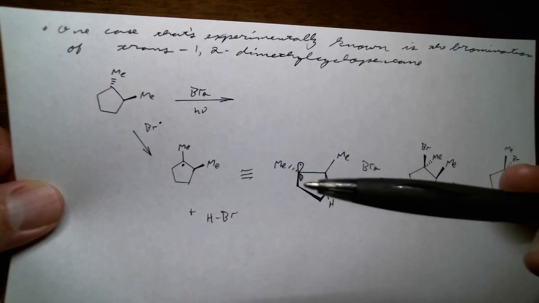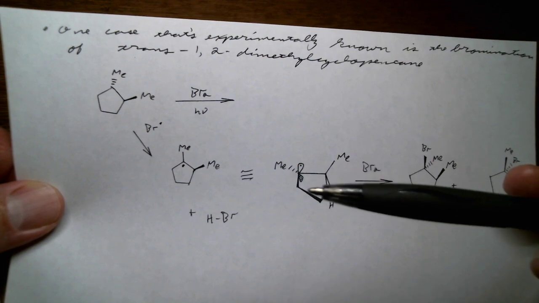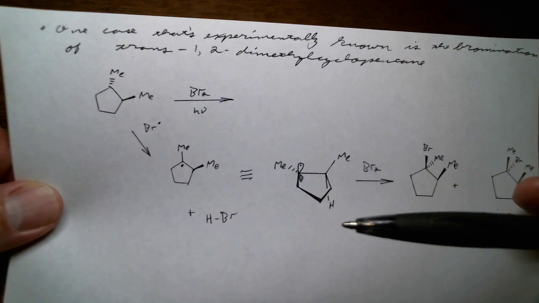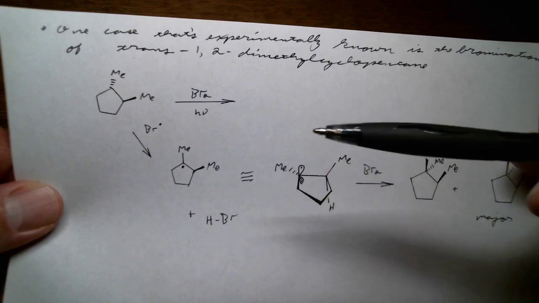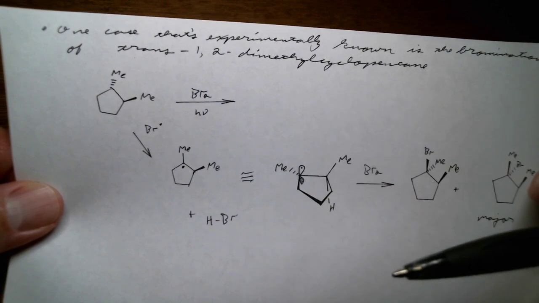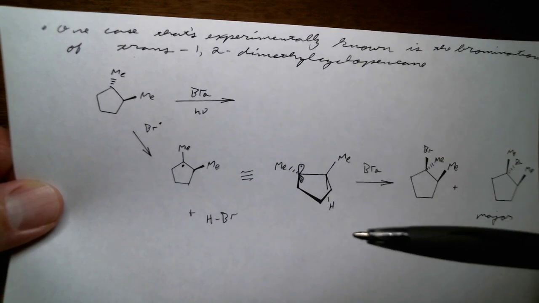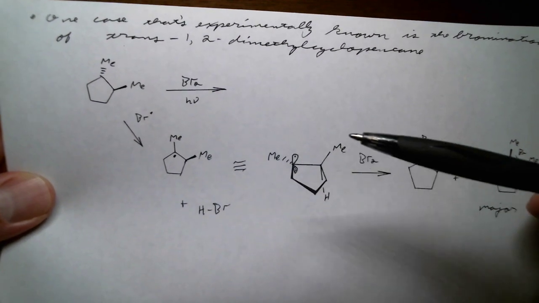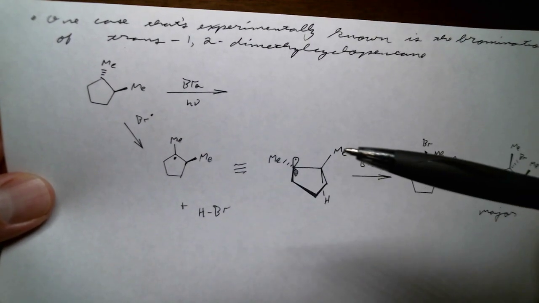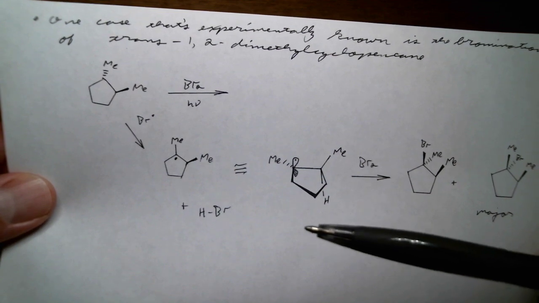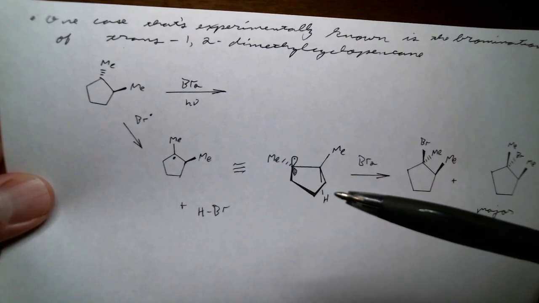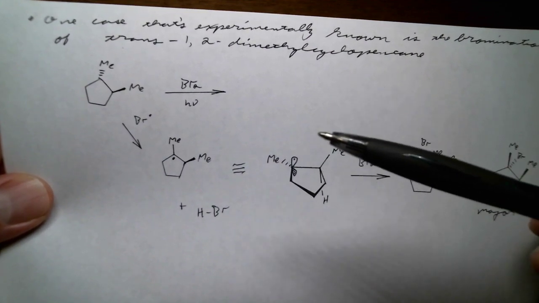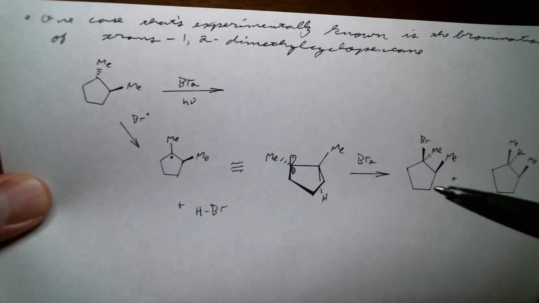This methyl group we might expect to be in the same plane as our 5-membered ring. Now bromine has to make a choice whether it comes in from the top or the bottom lobe, and on the top it has to contend with a methyl group adjacent to it. From the bottom it has to contend with a hydrogen, so sterically it's going to be less favorable to come in from the top.